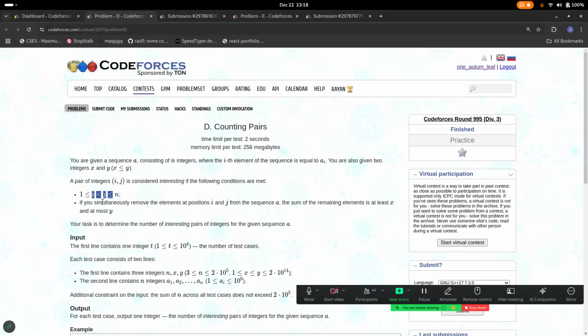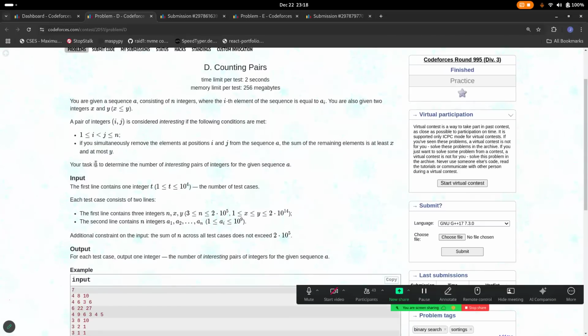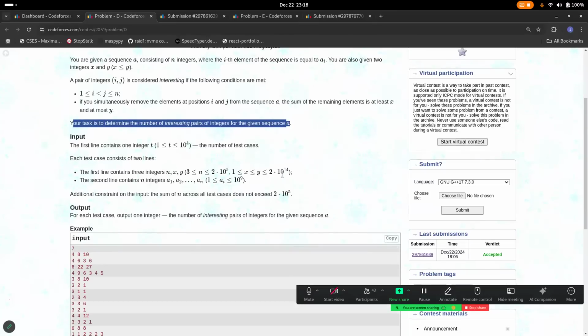Basically, we are counting the number of unordered pairs i, j that satisfy this condition: if you remove the ith and the jth element from A, then the sum of remaining elements is at least x and at most y. Like the sum of remaining elements is between x and y. And our task was to determine the number of interesting pairs in the given sequence A.